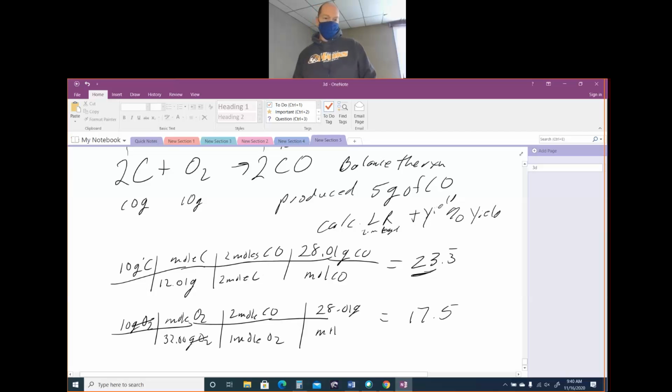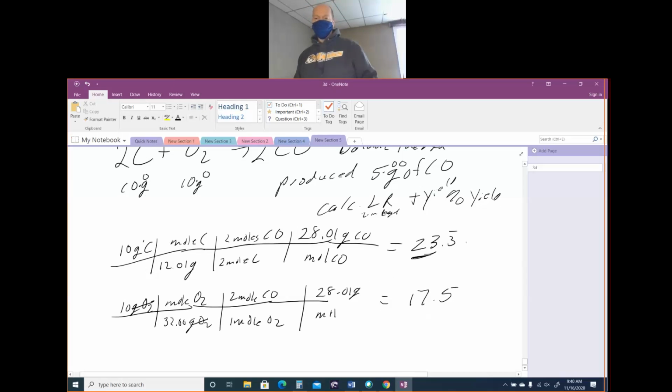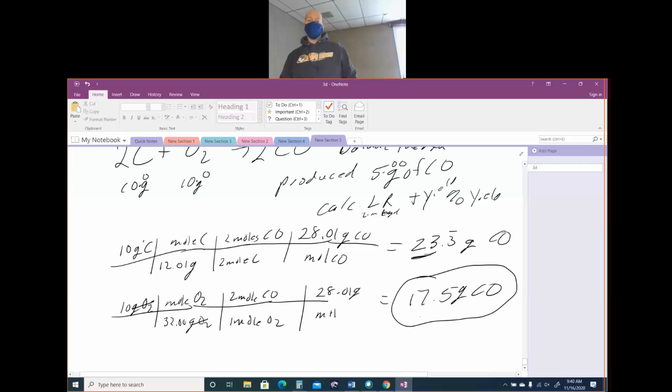All right, so let's just make it 10.0, 10.0, and 5.00. All right, and so here we have our 2 masses, grams of CO, grams of CO. The smaller amount is your theoretical yield. And then what it comes from, the O2, so the O2 is the limiting reagent.